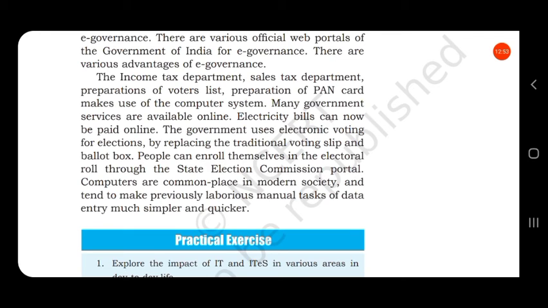Computers are commonplace in modern society and tend to make the previously laborious manual task of data entry much simpler and quicker. In olden days, much more labor was required for such tasks.